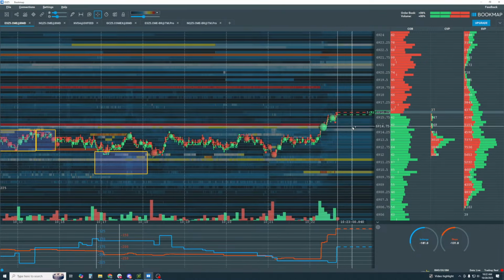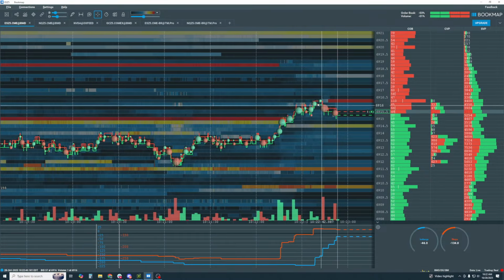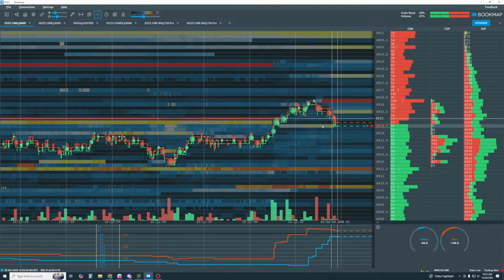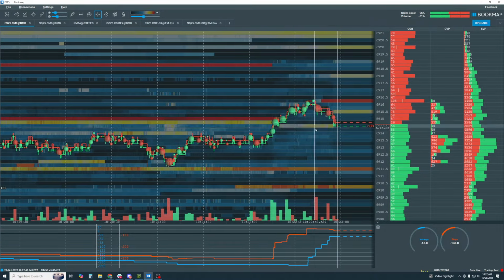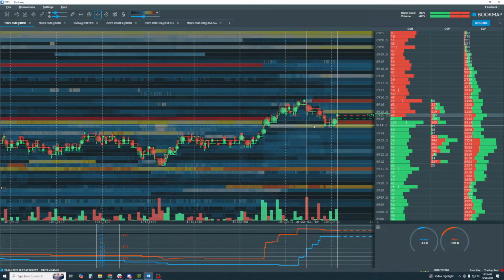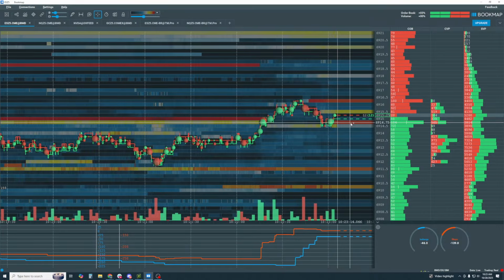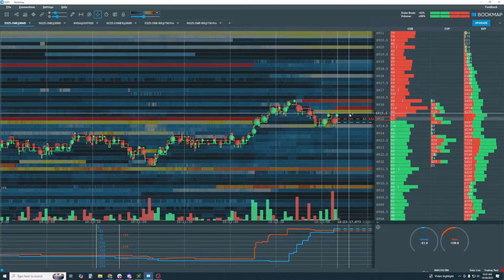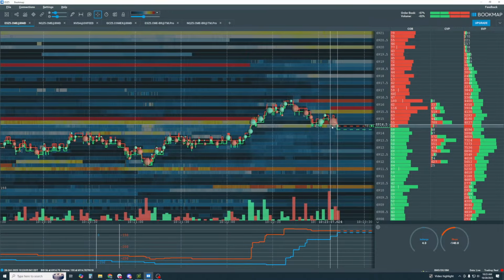Okay, see how it's starting to, it made a little smaller range in here. And that broke now. Okay, so now let's see if we got our pullback to right around here, 69.15, and look at the book now. Okay, so we see some on the bid here, and they just transacted.